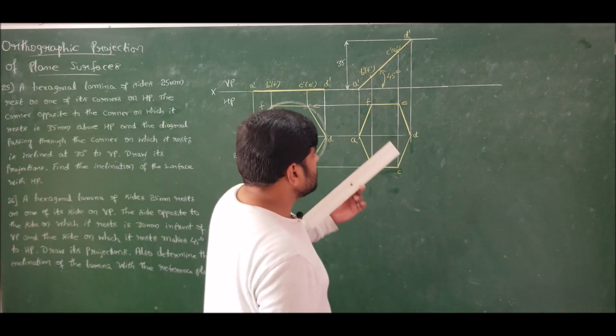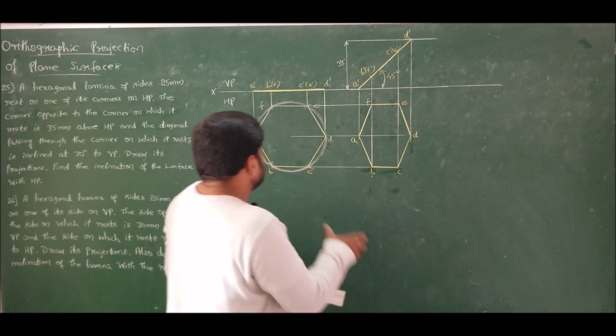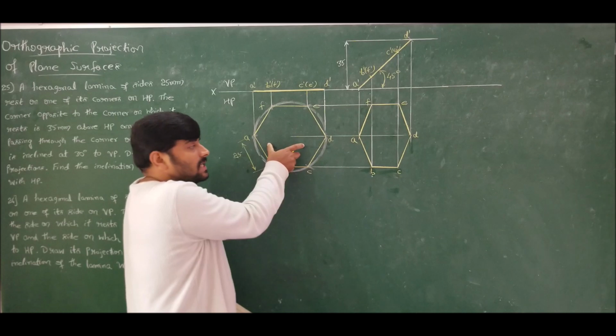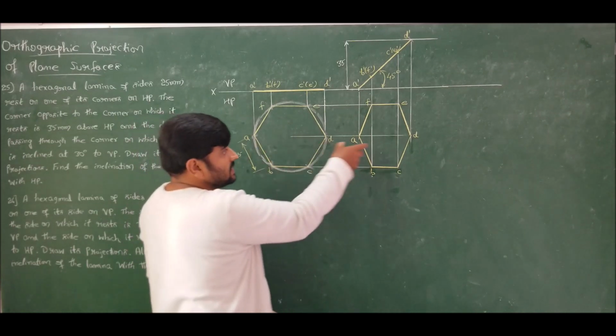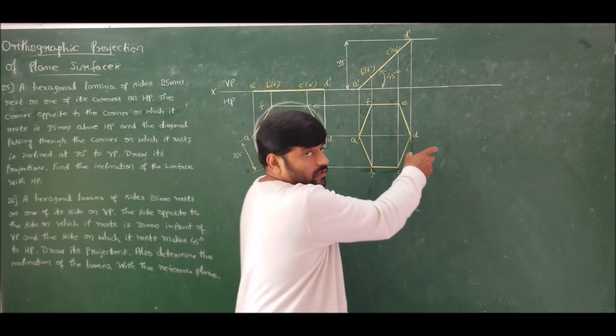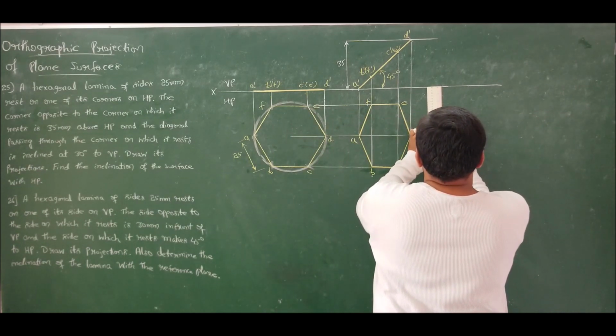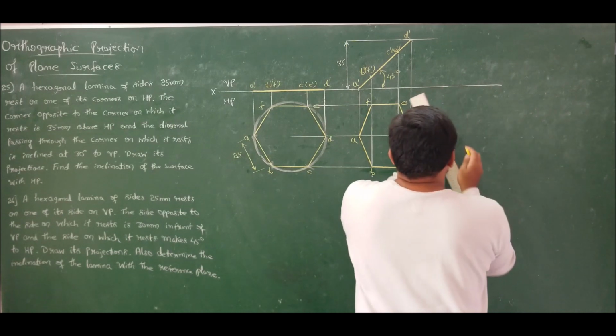Since AD is inclined 30 degrees to VP, AD is not retaining its original dimension. Originally it was 50 millimeters, the diameter of the circle. Now it is reduced. So therefore I should go for the beta angle. He is not stating it appears to be, or in the top view, he is giving the true inclination. So therefore go for the beta angle.